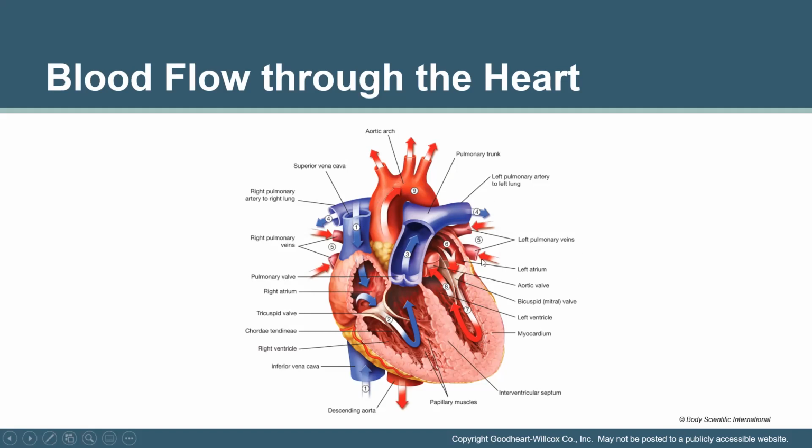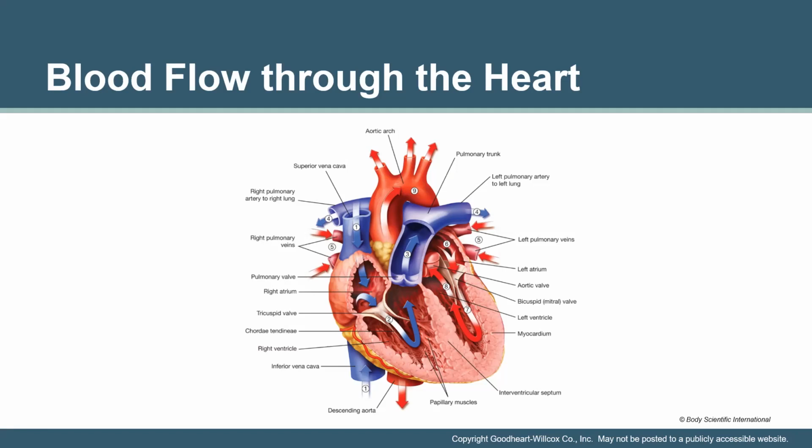One other thing I want to mention, when we talk arteries and veins, in general, arteries will take blood away from the heart, artery away, and veins bring blood back to the heart. However, the exception to that rule are your pulmonary arteries and veins. They're opposite, okay?